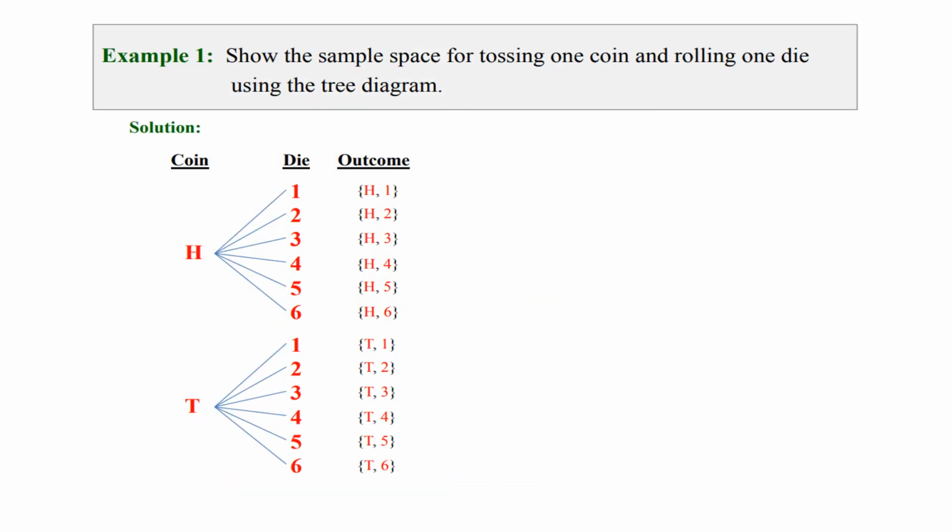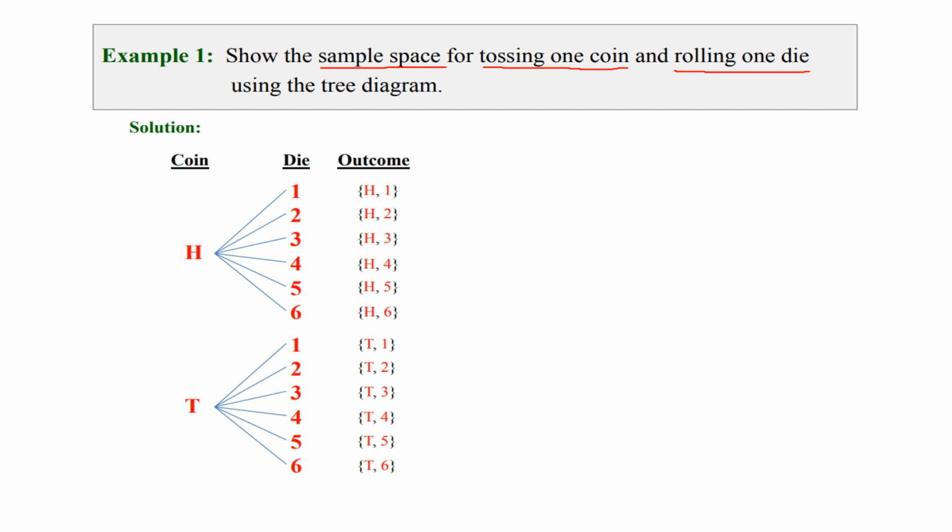Okay, let me talk about example 1. Show the sample space for tossing one coin and rolling one die using the tree diagram. First you need to think about tossing one coin.